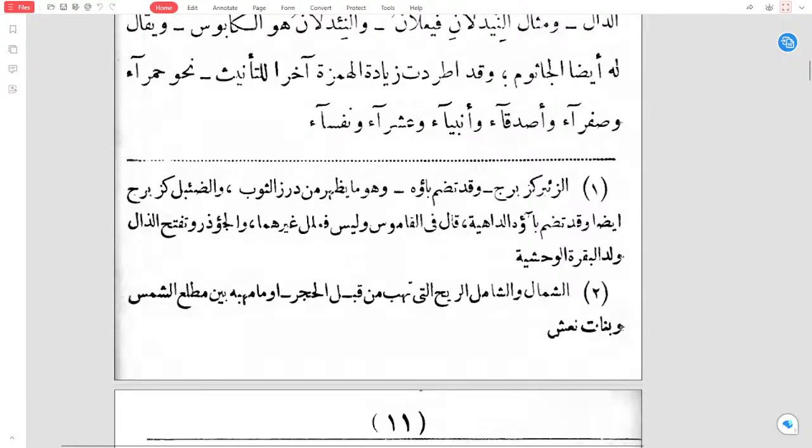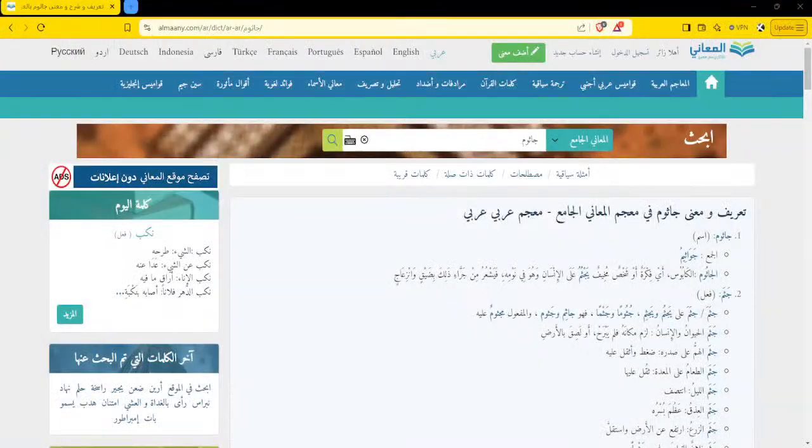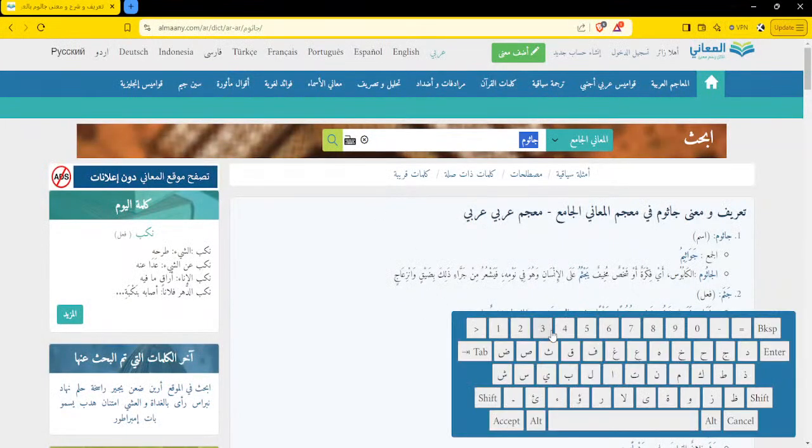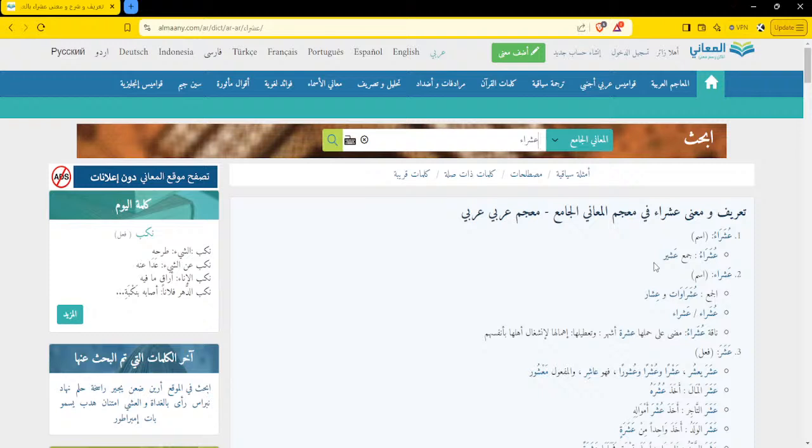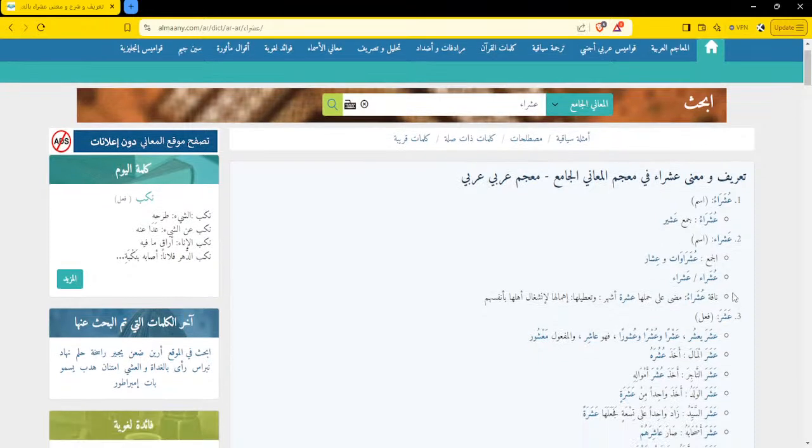Ushara would refer to a type of camel, as far as I remember. Let's check that as well. Ushara. What is the plural of ناقة عشراء مضى على حملها 10 أشهر.